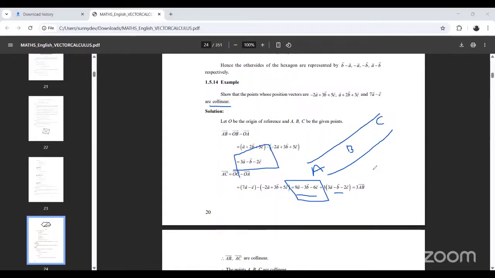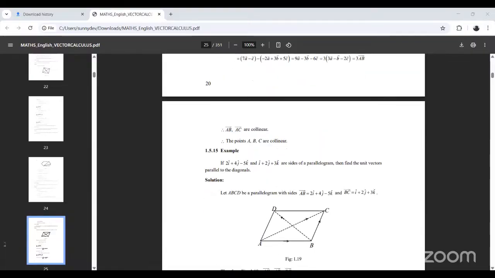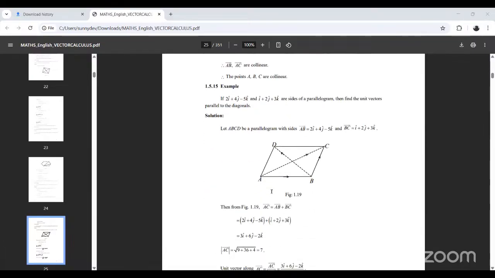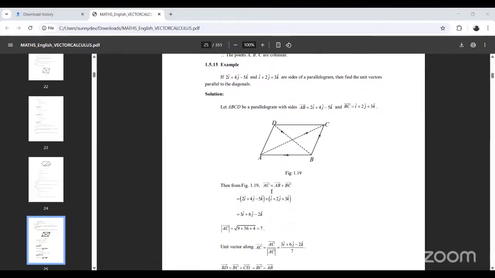So AC equals 3 into AB. So we can say that A, B, C are collinear, that means they lie on the same line. Okay, so this is an important thing.